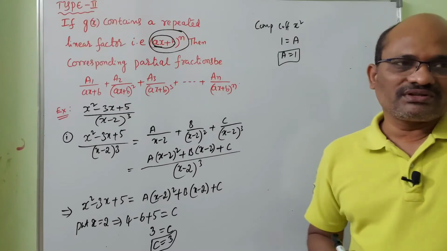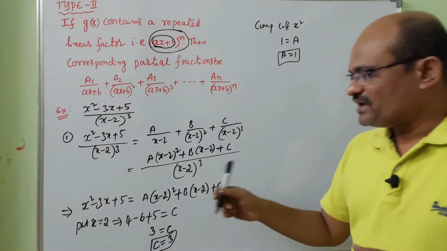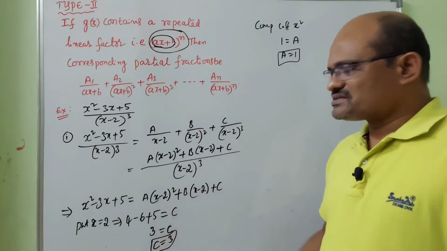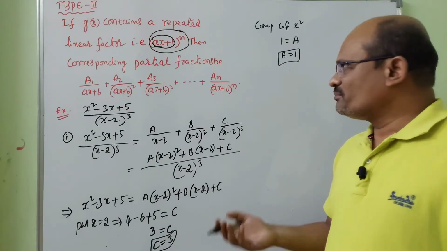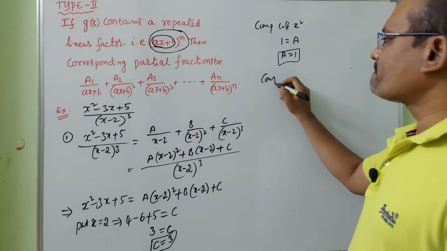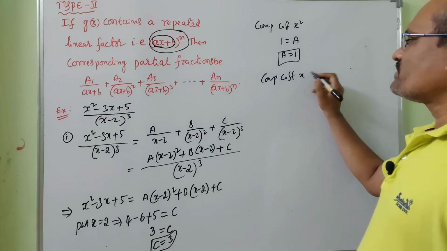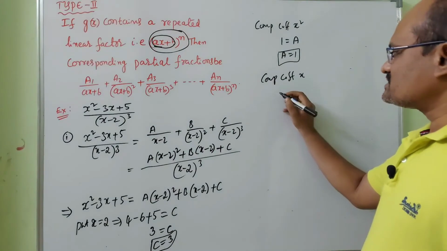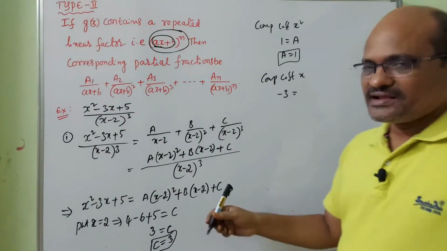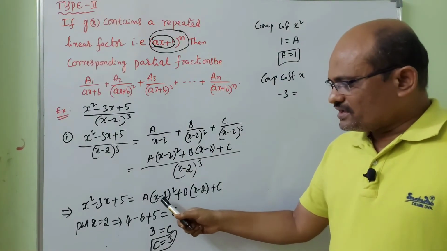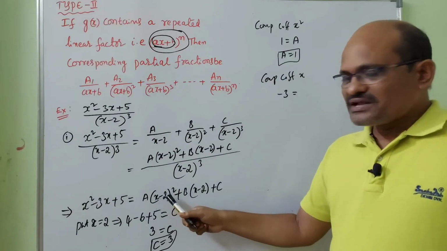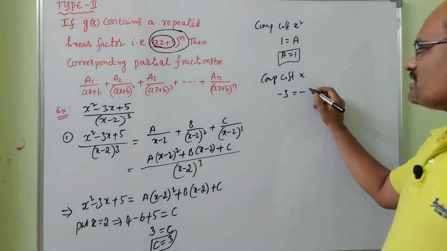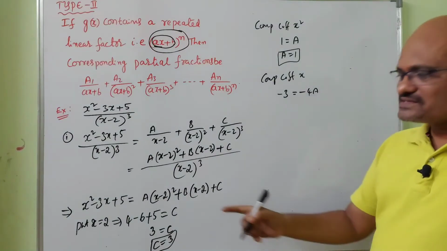Now only one thing is remaining, that is b. How to get it? Compare the coefficient of x, you will get b. Comparing coefficient of x on both sides. The x coefficient on LHS is minus 3. Now on RHS, I told you already, in this expansion the x term is minus 4x, multiplied with a, you will get minus 4a as the x coefficient.